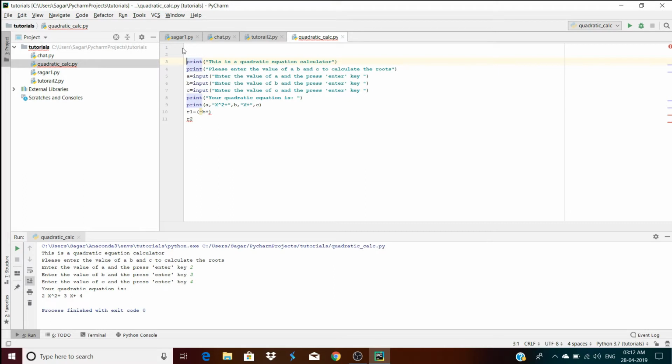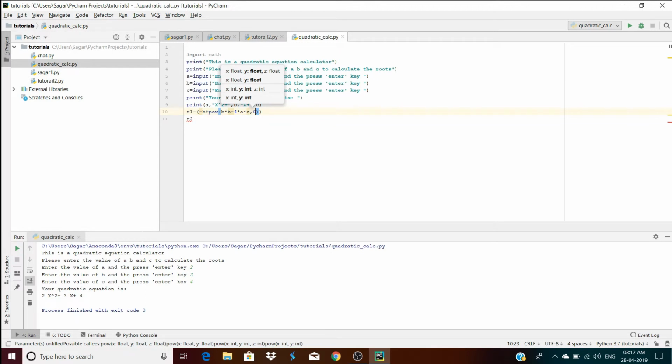So minus b plus power of b square minus 4ac, which would be b into b minus 4 into a into c, to the power 0.5.